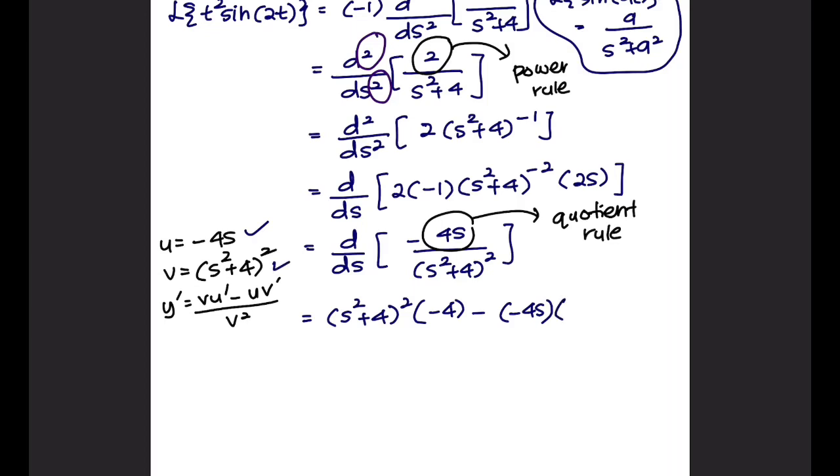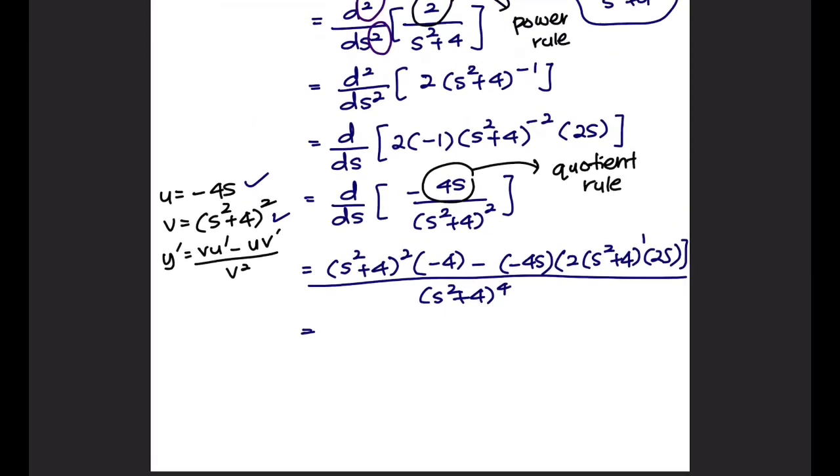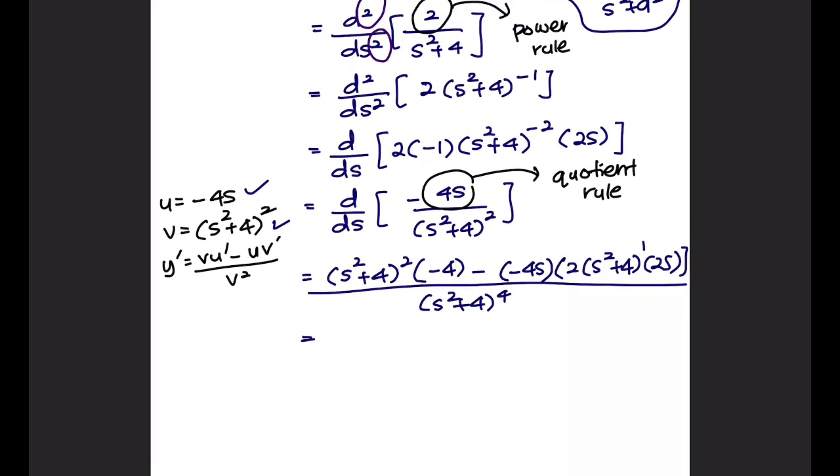Okay, apply the power rule: 2 times (s squared plus 4) to the power of 1 times 2s. Divide by v squared. So (s squared plus 4) to the power of 4. And then simplify.